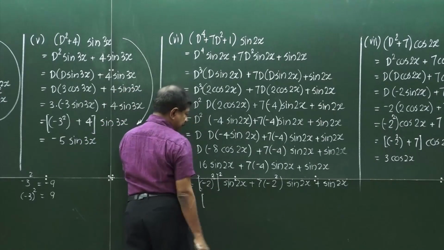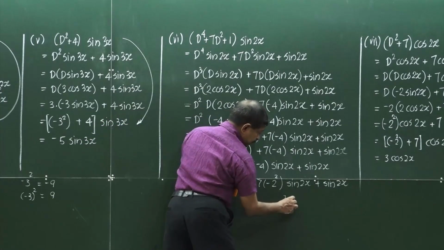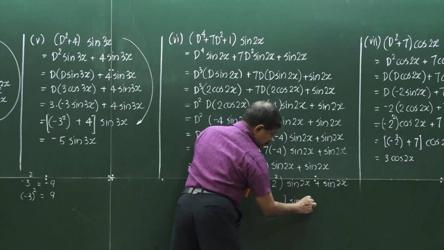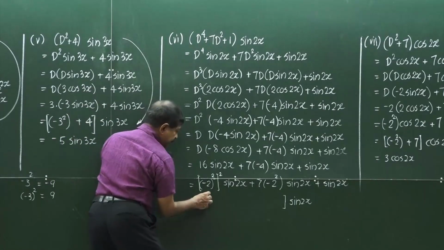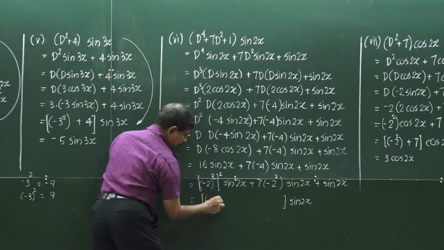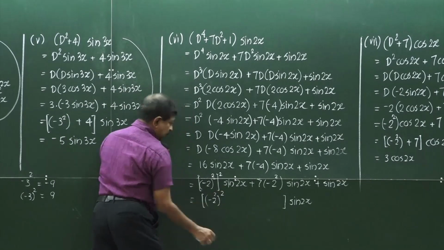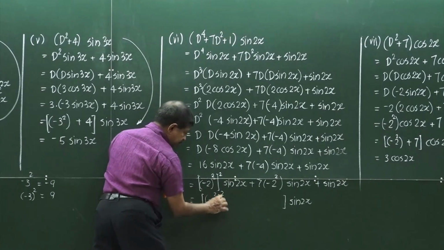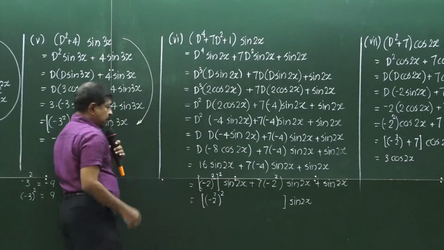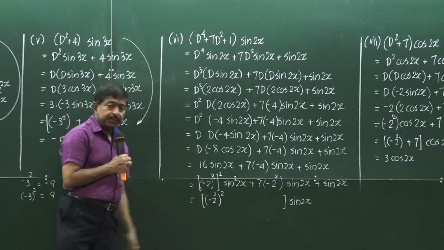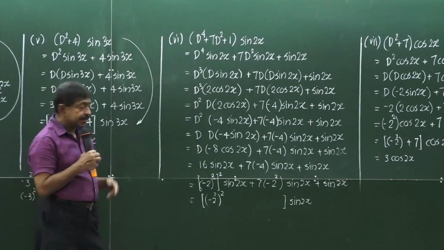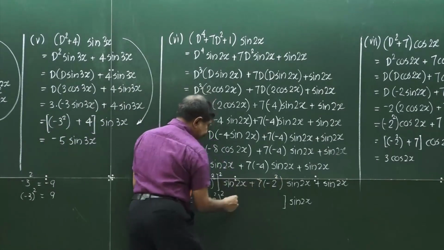So if you pull out sine 2x from the right, what would you get? Square of this one. Because square of this is minus 4. When you square it, you get plus 16. Then you have this one.